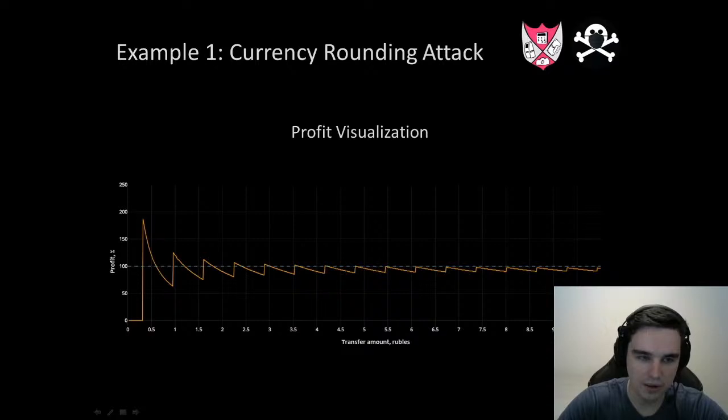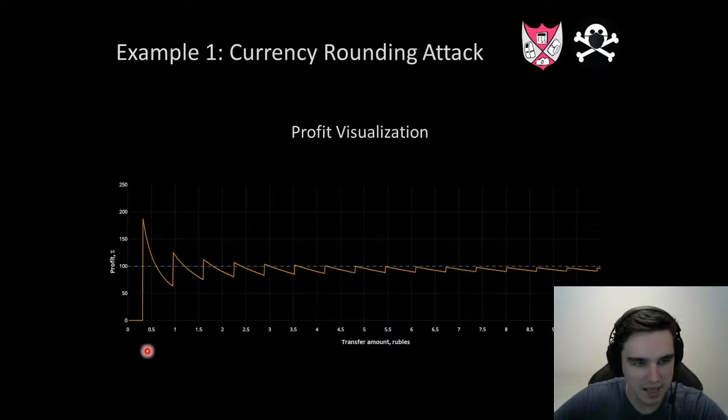And I have a very simple plot. Firstly, on the X axis, we have the transfer amount in rubles. And on the Y axis, we have the profit in percent. As you can see, the biggest profit is when we send about 0.3, 0.4 rubles to the USD.